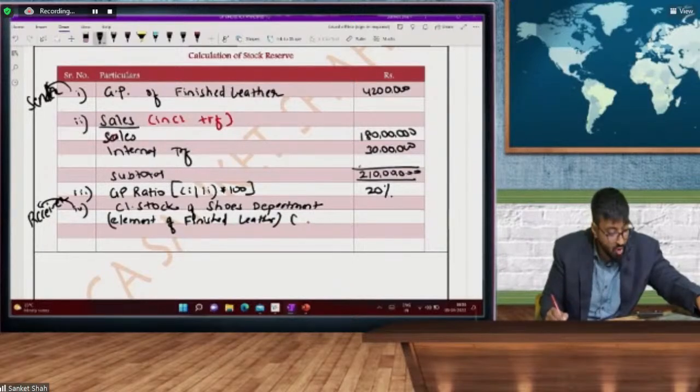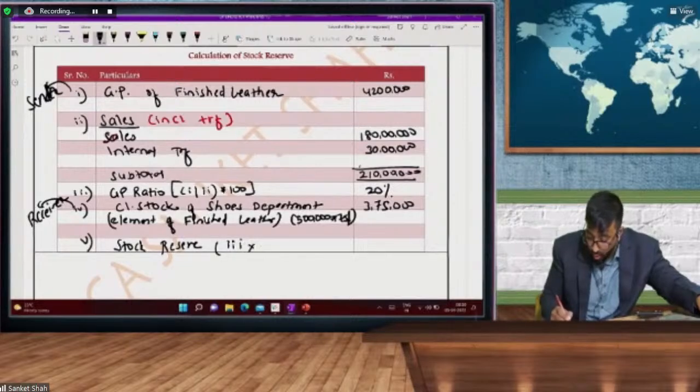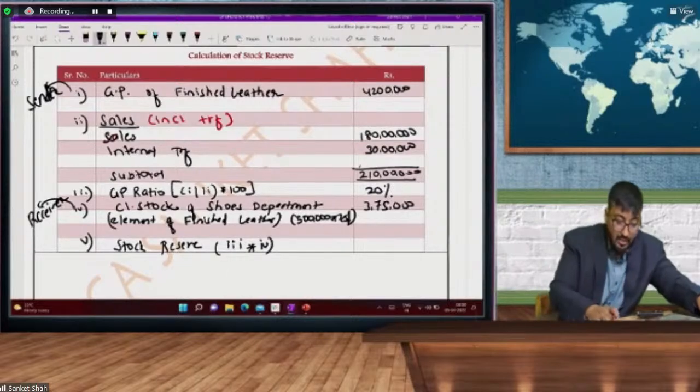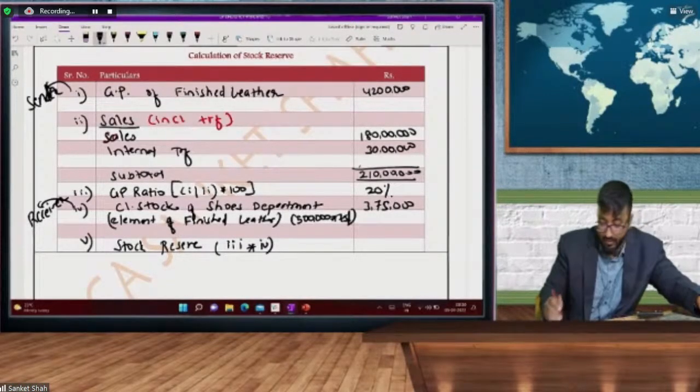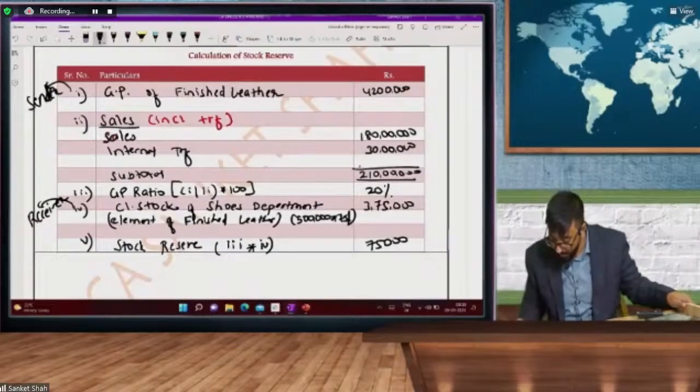What is closing stock? 5 lakhs into 75%, 3,75,000. Stock reserve, Roman 3 into Roman 4. So 3,75,000, in which loading is included, multiplied by 20%, 75,000.